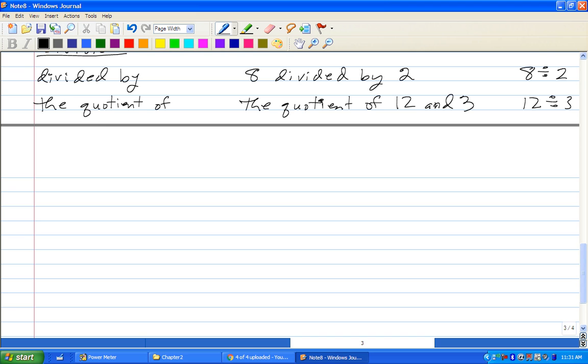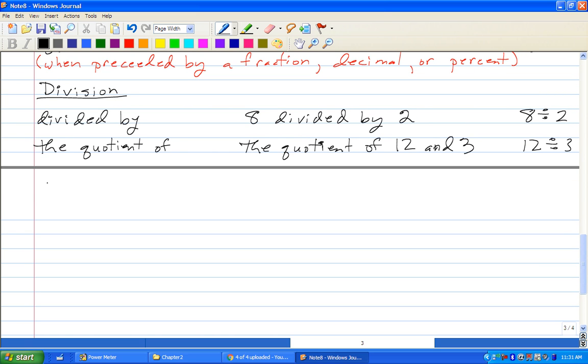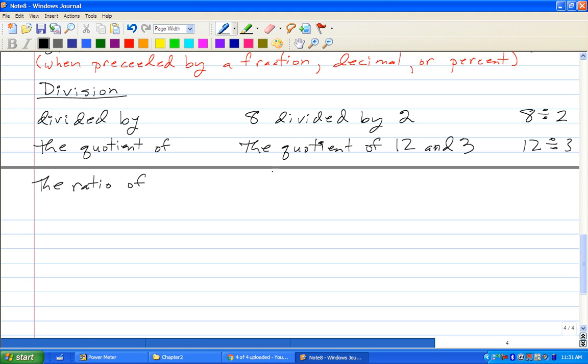The ratio of 18 and 2 is 18 divided by 2.